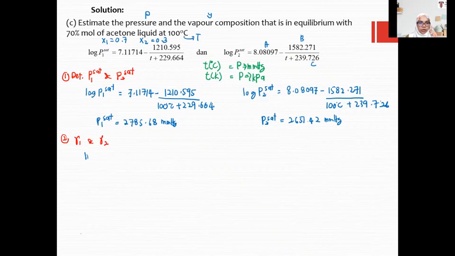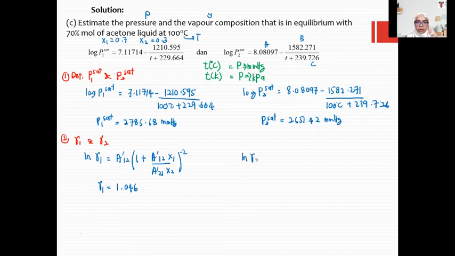The equation is gamma 1 equal to A prime 1 2 times one plus A prime 1 2 x1 over A prime 2 1 x2, power of minus 2. Since we already obtained the value of A1 prime and A2 prime, you can obtain the value of gamma 1 as 1.046. You may try this to see whether you obtain the same answer as I did.